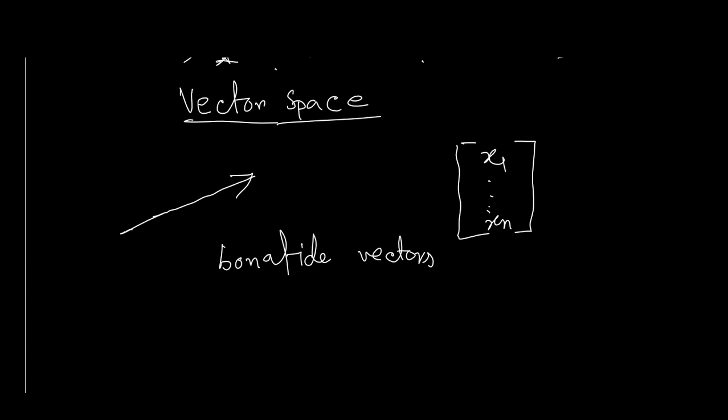This is quite different from saying 1 is an integer. The way we claim 1 is an integer and the way I am trying to claim that this pointed arrow is a vector is quite different.